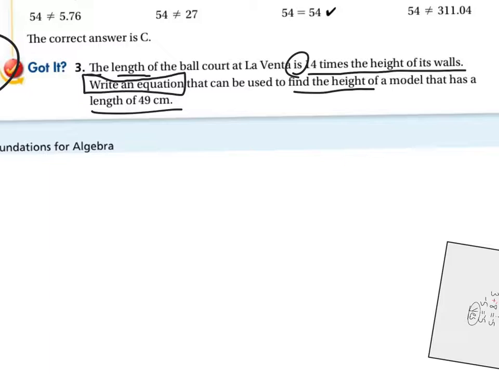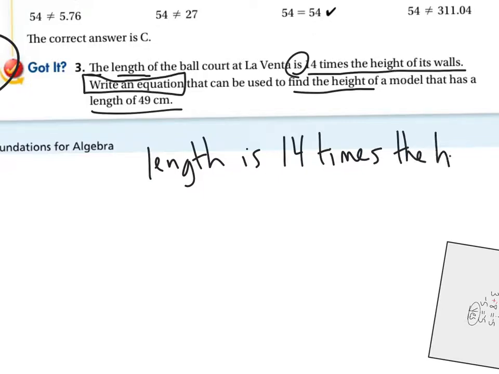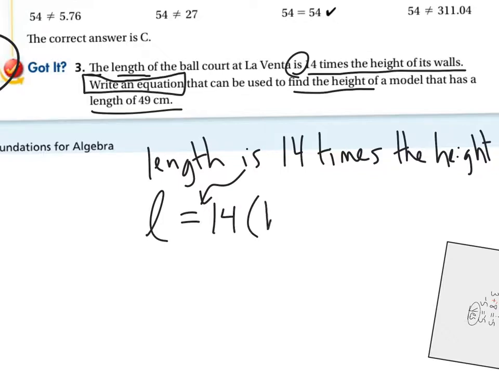Okay? So the length is 14 times the height. You don't have to rewrite that stuff out, but you might find it helpful. So you'd say length equals, remember is equals, 14 times the height. And probably again we should define our variables.